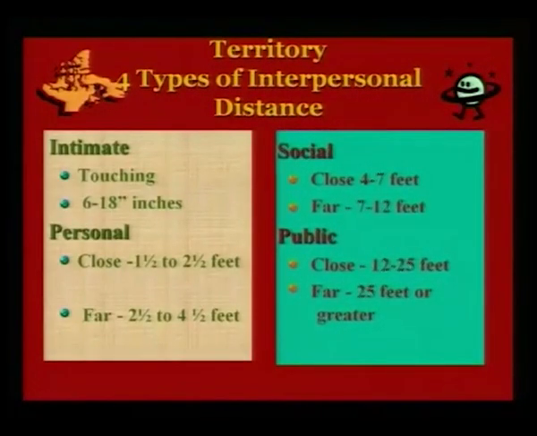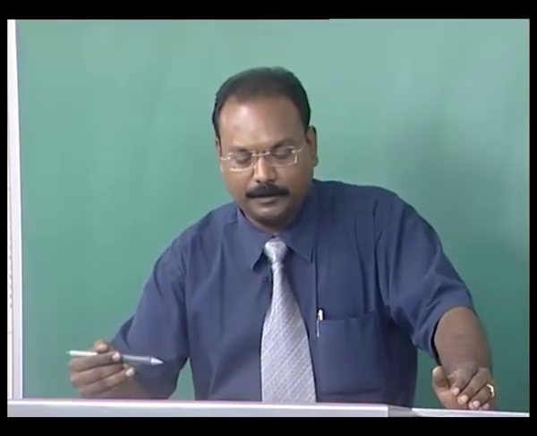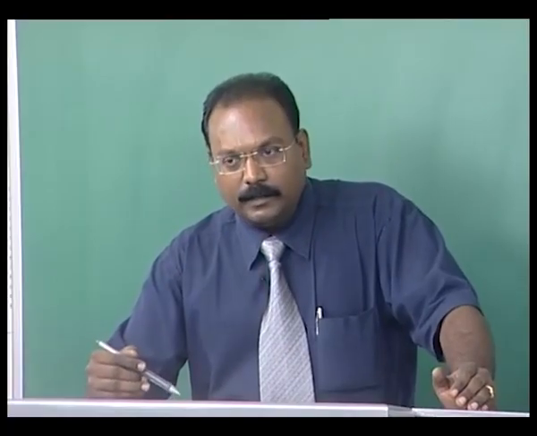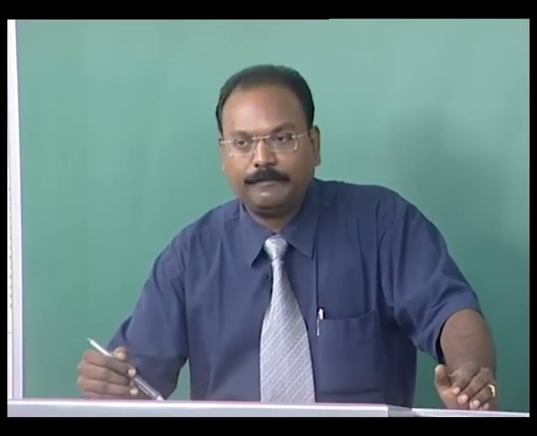Now let's look at this from the public space, which is the greatest one. In public space, depending on the power status of the leader, the space will be very far, 25 feet or even greater, depending on the power one exercises to seal the space between him and the audience. Even in that, there is a close level which is about 12 to 25 feet.